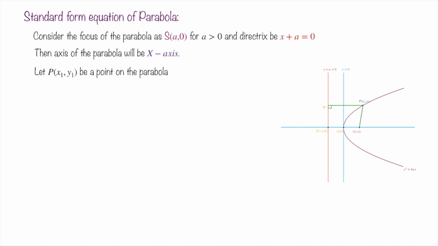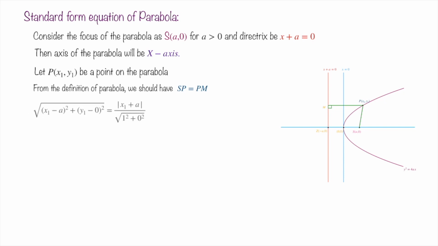Let (x1, y1) be any point P on the parabola. Then from the definition of the parabola we should have SP equal to PM, because here eccentricity equal to 1. Then what is SP?